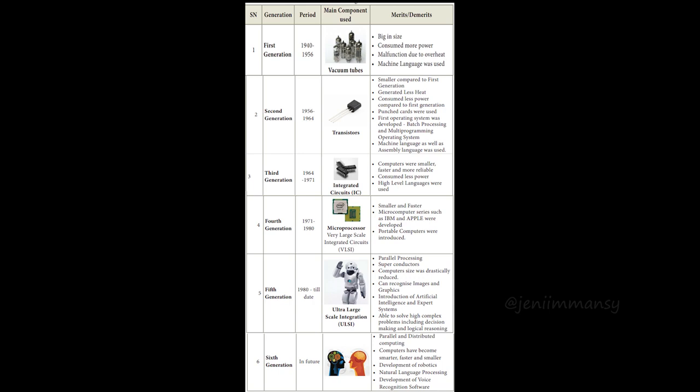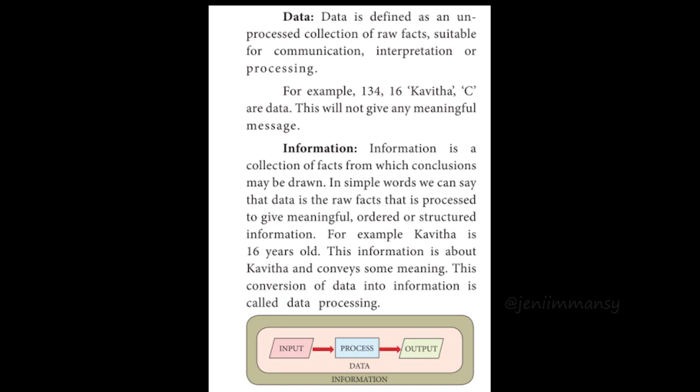Okay. So the next question of this chapter is data and information. Data and information, in the sense, we have a definition for data and a definition for information. That is either a differentiation between data and information, or else it will be asked separately for a 2 mark question also.